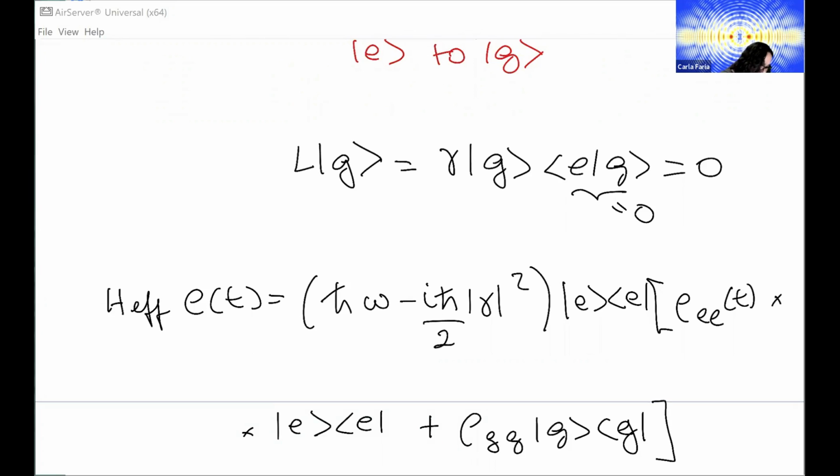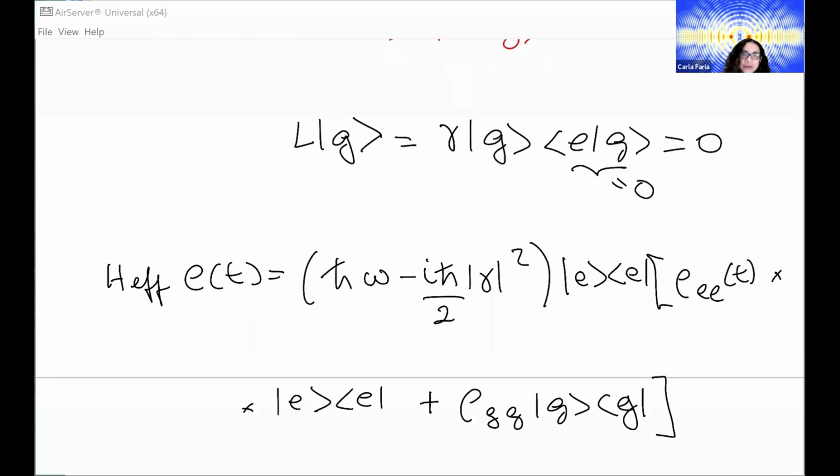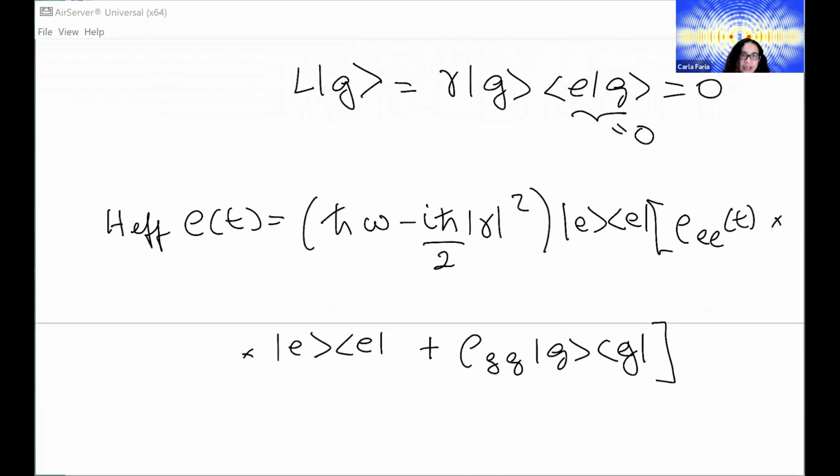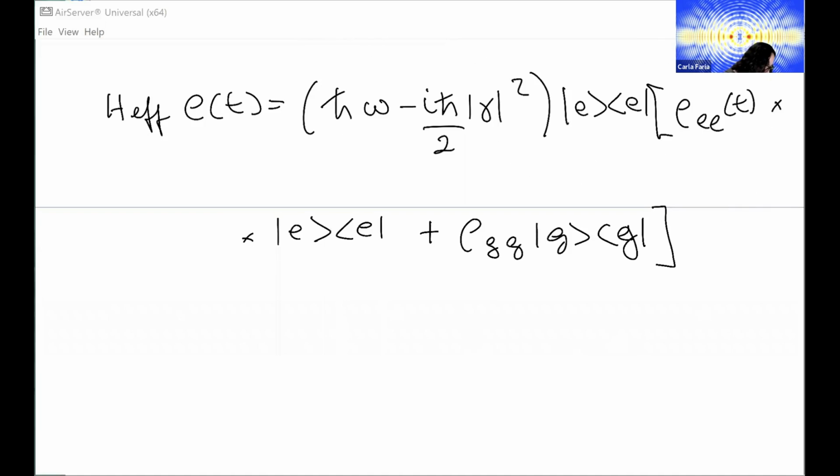We have seen already that if you apply this guy to G, it is going to vanish. So we know what is going to happen, but just to be thorough, let's do this again. So we're going to have then that this is going to be (ħω − iħ|γ|²/2).